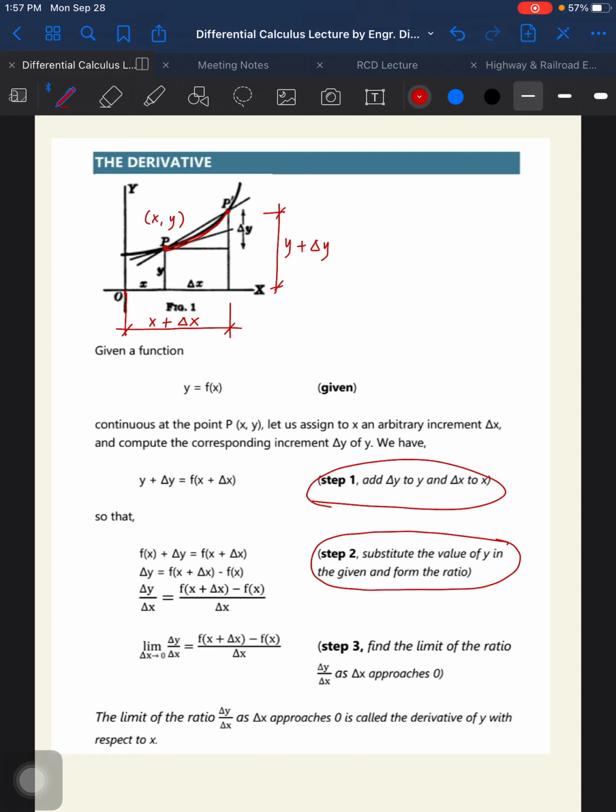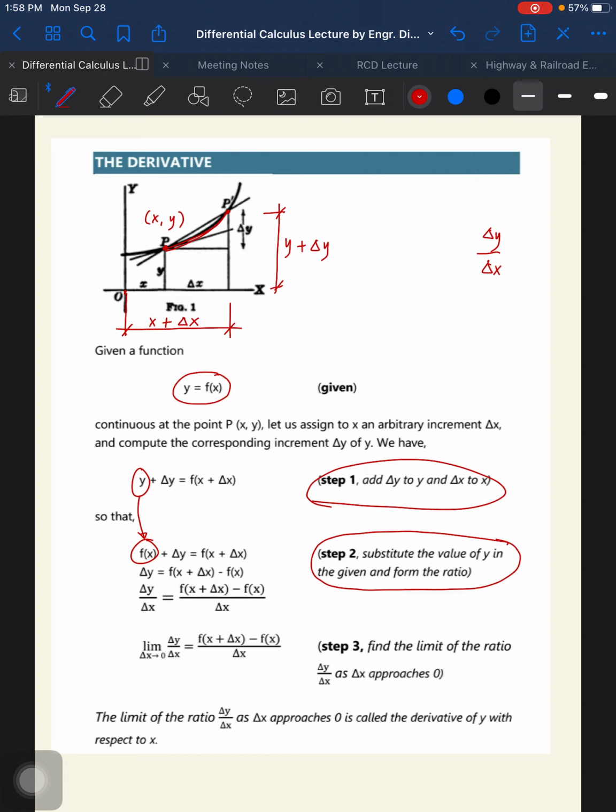How about step 2? In step 2, we substitute the value of y in the given and form the ratio. What ratio are we talking about? Well, when we are looking for the slope, we are looking for the ratio delta y over delta x, or the rise over run. So, substitute the value of y, which is here from the given. So the given here is y equals f of x. So the y here becomes f of x.